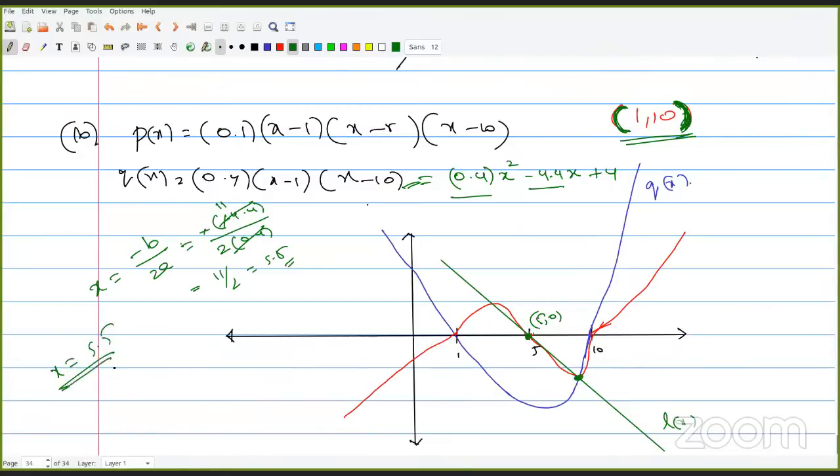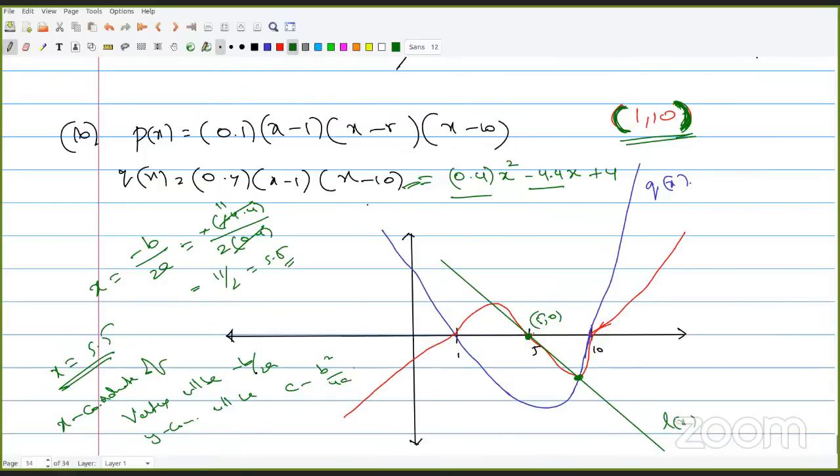In the slides we just discussed, the x coordinate of the vertex point will be minus b by 2a, and the y coordinate will be c minus b square by 4a.